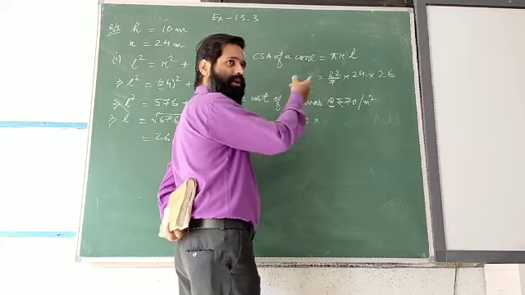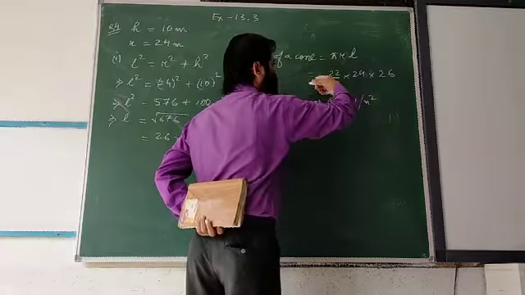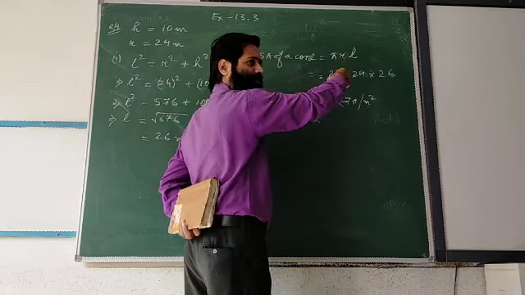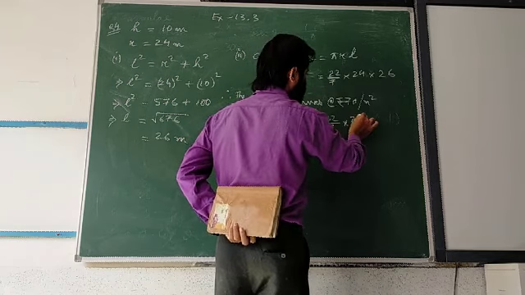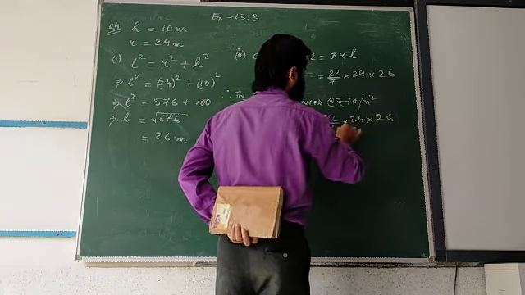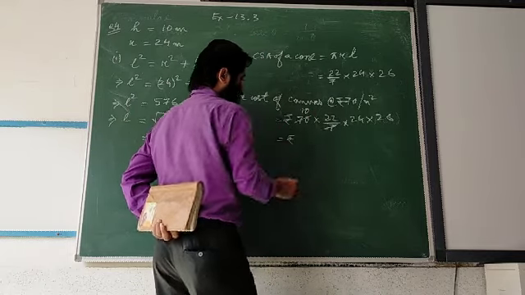Per meter square, that means 1 meter square cost is 70 rupees. So we were having this many area, right? Are you getting my point or not? Yes. So we'll write 22/7 into 24 into 26, and the 7 can be cancelled. Now multiply this one, whatever you will get, that is the answer.